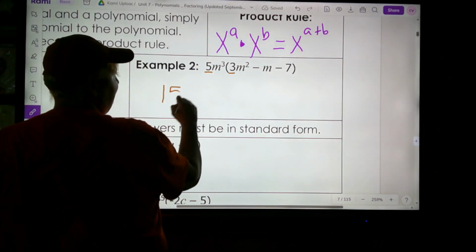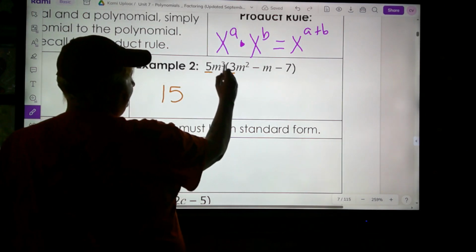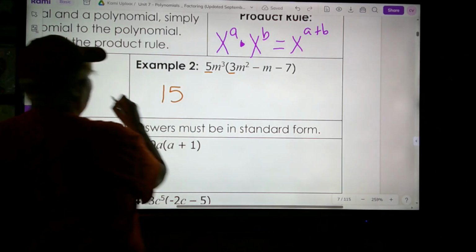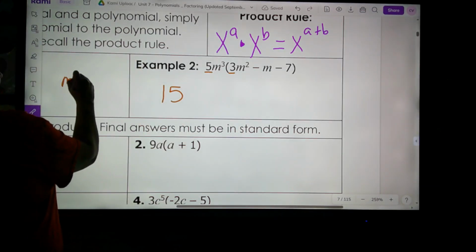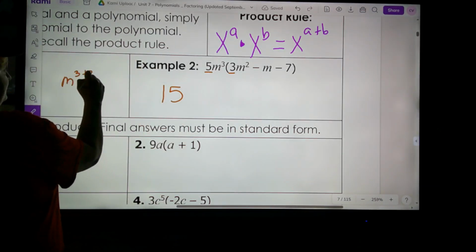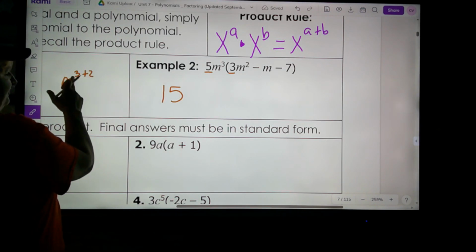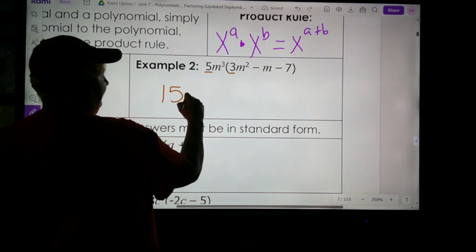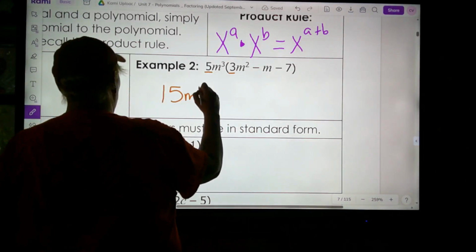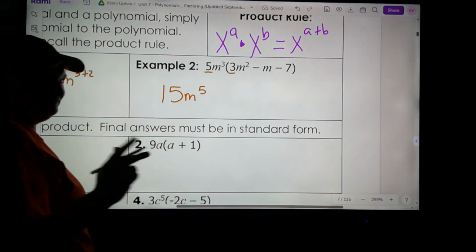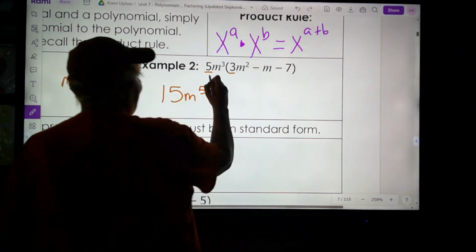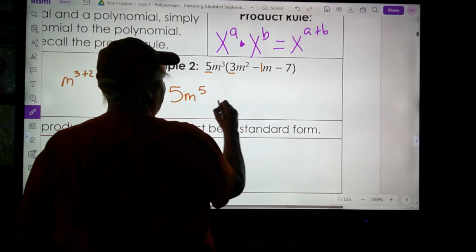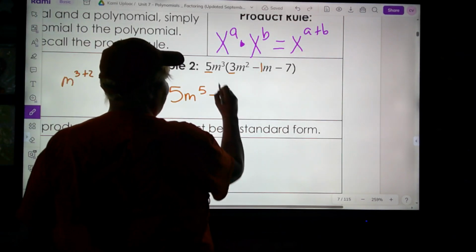So 15, and we have m to the third times m to the second. So what you really have is m to the third plus 2. So you have m to the fifth. 3 plus 2 is 5. Alright, and then you have 5 times negative 1, so then you have negative 5.